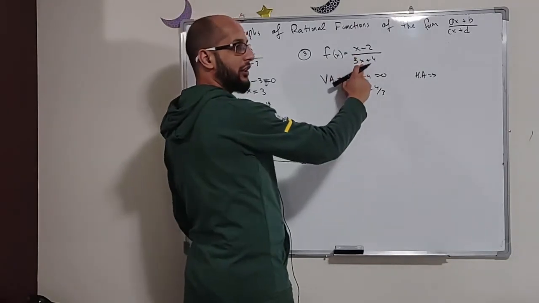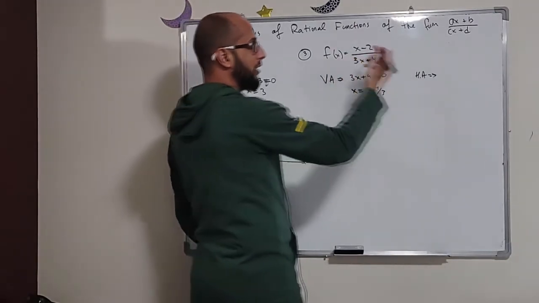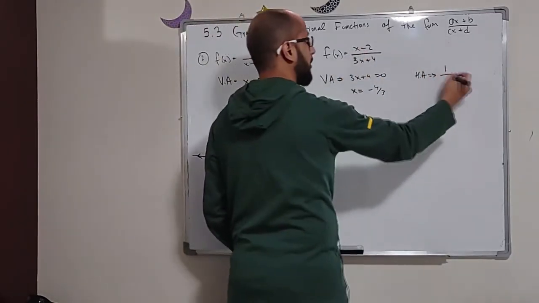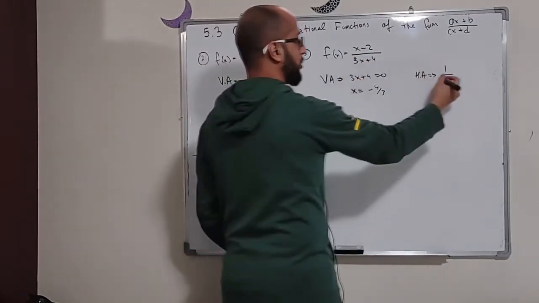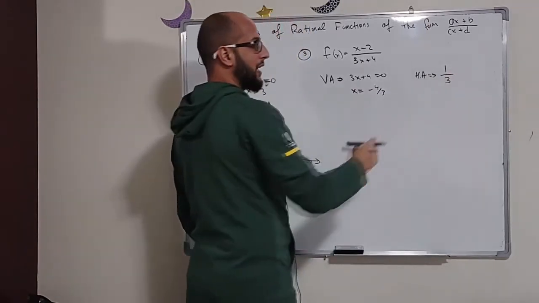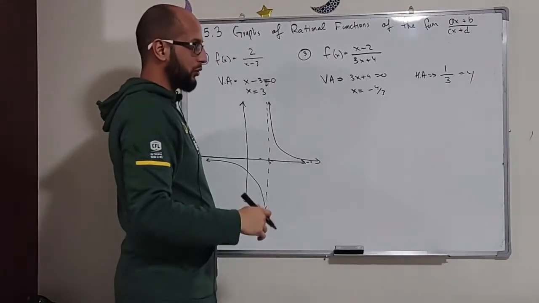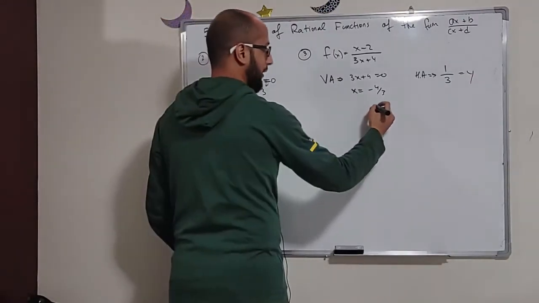So x and x are the leading degrees because that's the highest degree. So I would take the coefficient of x, which is 1, and the coefficient of 3x, which is 3. So the horizontal asymptote will be at 1 over 3, and because it's horizontal, it'd be y equals 1 over 3. Let's graph it.